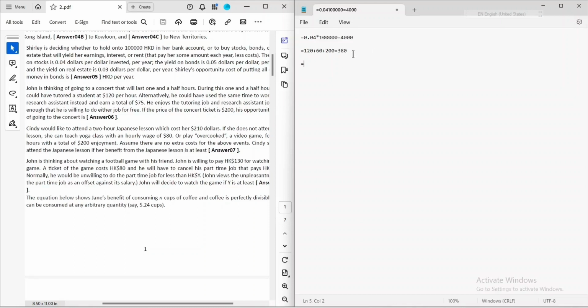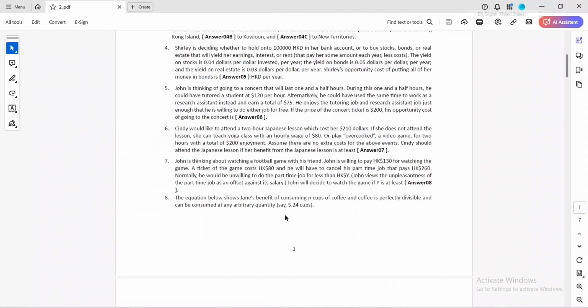All right, so her total benefit should be the sum of $210 and $200. This is $410. All right, let's move on to the next question.